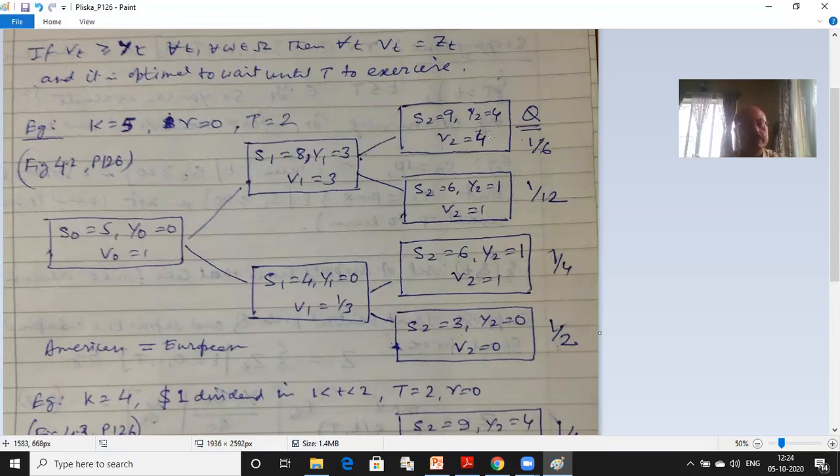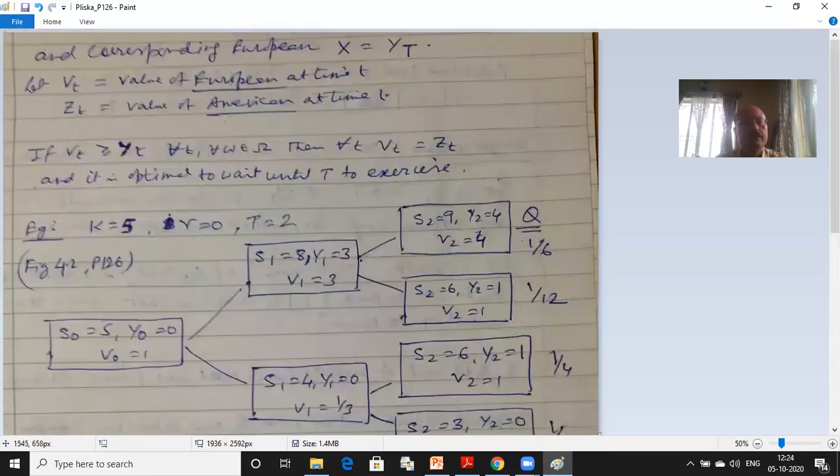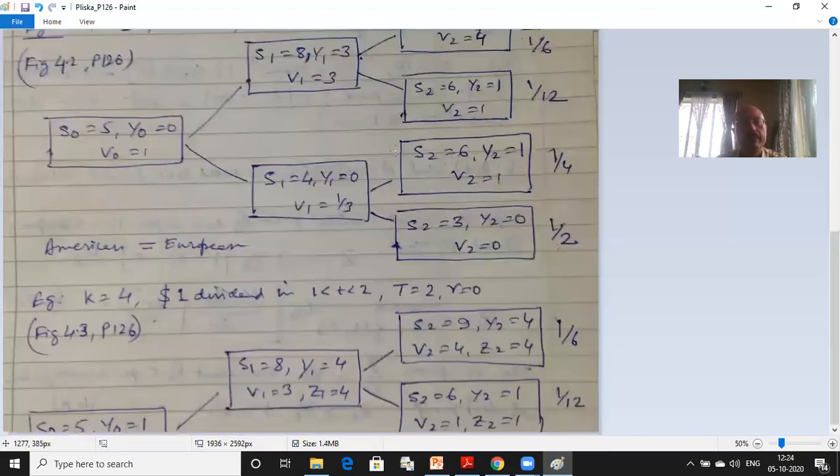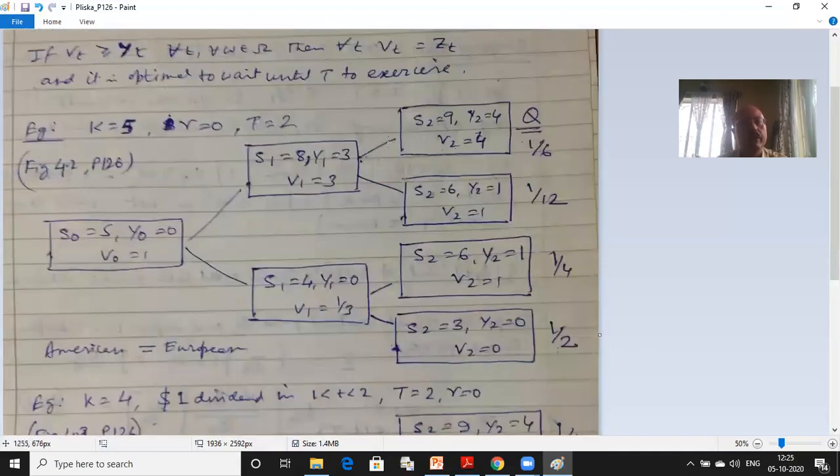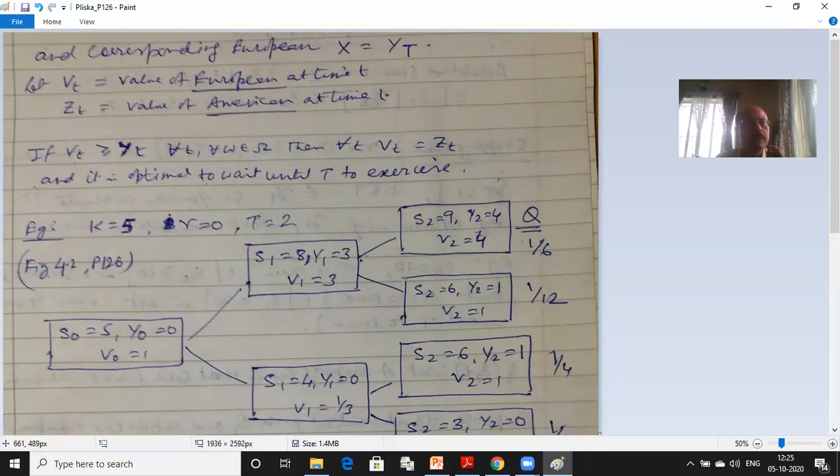Now, what happens to the options? Remember that Y is the process for the American, and V is also for the European. The condition that we are essentially interested in is the following: if Vt, the value of the European, is greater than or equal to Yt, which is the value of the process, for all t for all omega, then for all t, Vt will be equal to Zt.